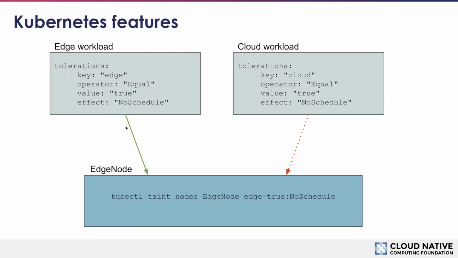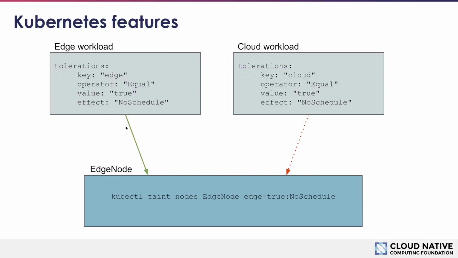As you can see, we can taint the node with the kubectl command, saying that only the pods that have edge equals true toleration on themselves should be considered to be scheduled on this particular node.